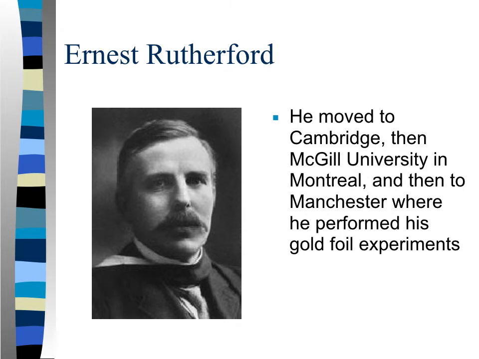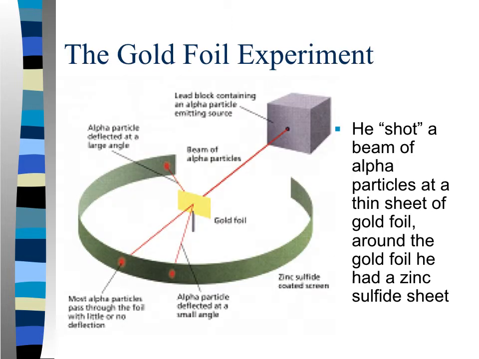He moved to Cambridge and then to McGill University in Montreal and then to Manchester, where he did his gold foil experiment. If you remember anything about this experiment from your reading, what he did is he shot a beam of alpha particles at a thin sheet of gold foil.